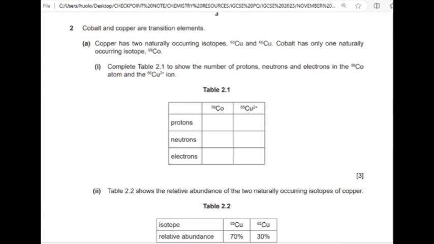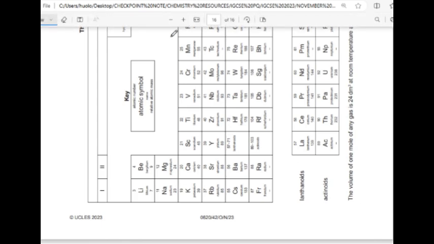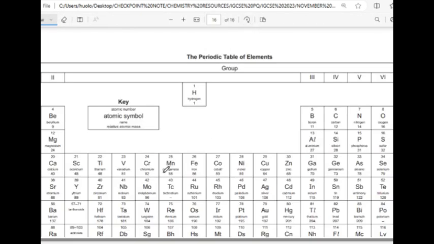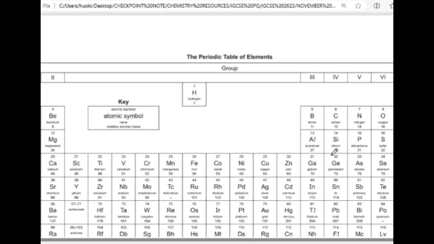So let's quickly look at the periodic table to confirm that 27 for cobalt. So yeah, 27 is the number of protons for cobalt, 29 is the number of protons for copper.